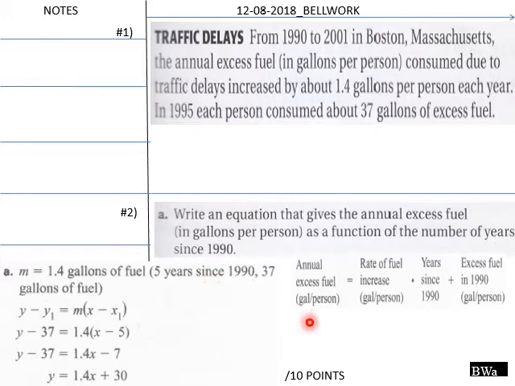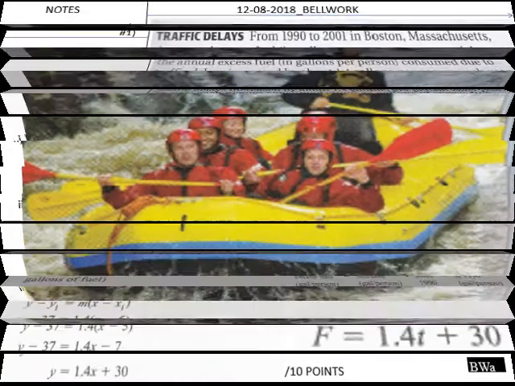And then for this here, annual rate of fuel, years, excess fuel equals increase since 1990. So fuel equals 1.4 T plus 30. This would be the way to write it that follows the verbal model a little bit more closely.